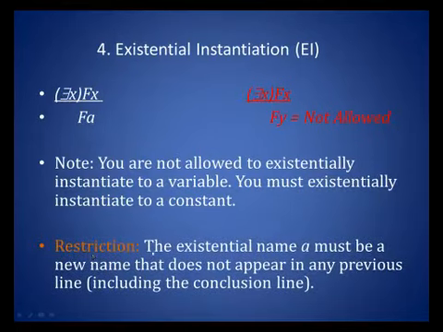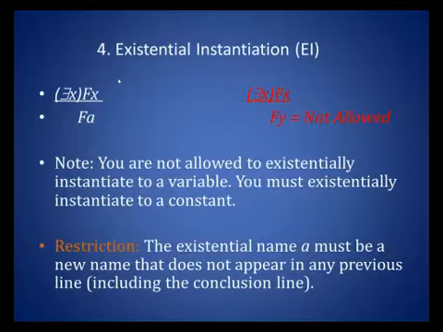Further restriction, the existential name must be a new name that does not appear in any previous line, including the conclusion line. So this A right here, I'm not allowed to use it unless it's new. If there's an A on some other line or in my conclusion, then I cannot use it. So I can only use a new name that does not appear in any previous line or the conclusion itself.